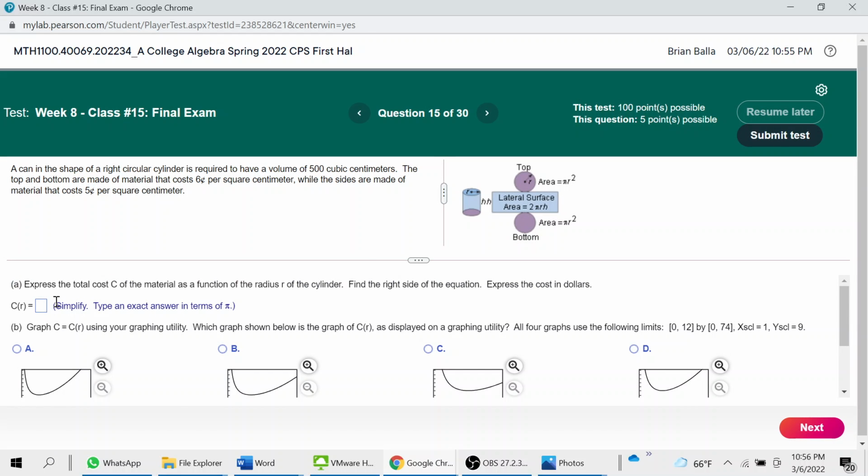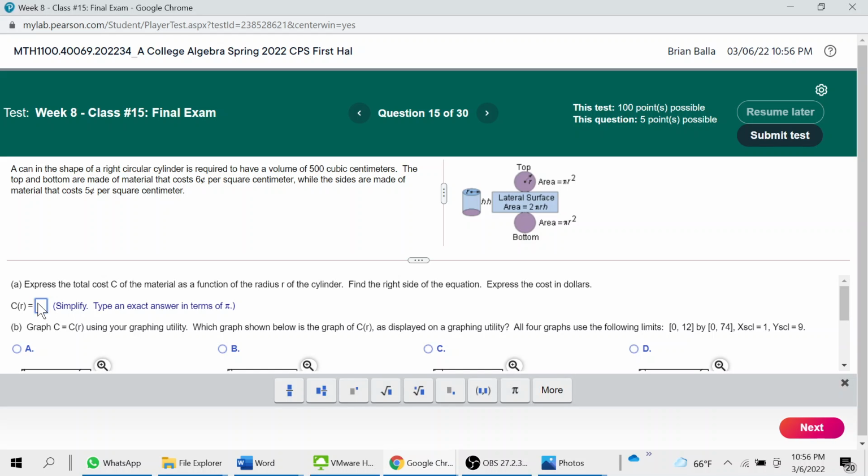All right, oh boy. Express the cost. Right cylinders. Volume of 500 cubic centimeters, per square centimeter. Total cost. Okay, so top and bottom are 6 cents per square centimeter.